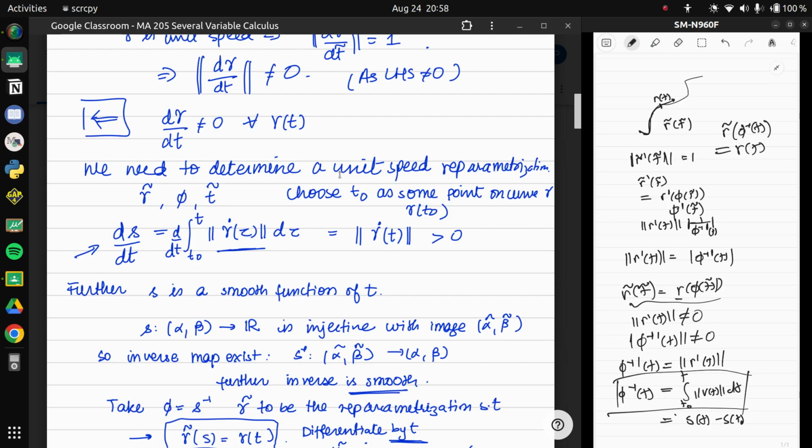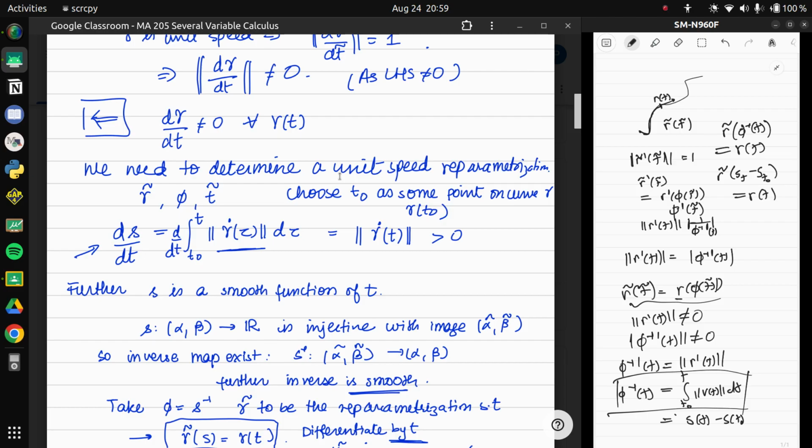You can figure out what this thing is. That shouldn't be a problematic thing at all. The point is, how do you get phi of t? That's a problem. So just phi inverse of t, that's easy. So just r tilde of s of t minus s of t0, that's equal to r of t, right? Yeah, sure.